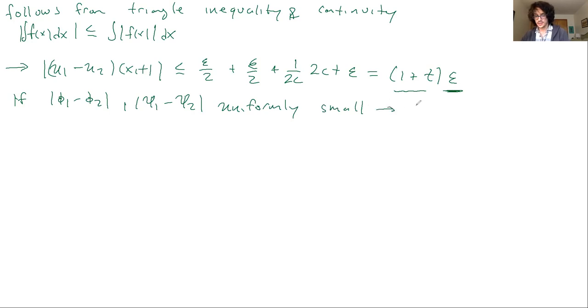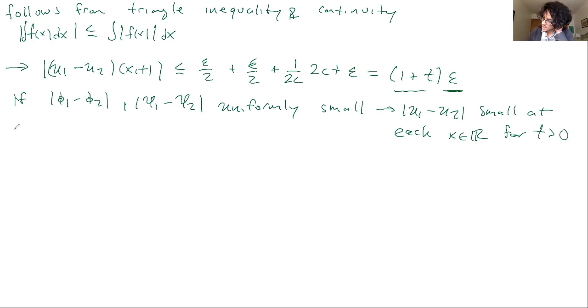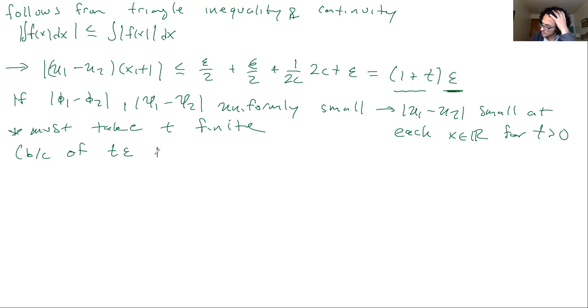This implies that u1 minus u2 is small at each x in R for t greater than 0, okay? But of course, we must take t to be finite, okay? Basically because of the t epsilon term, okay, as I said before.